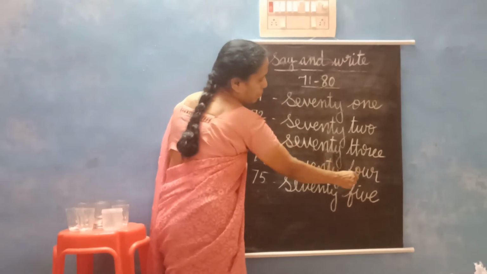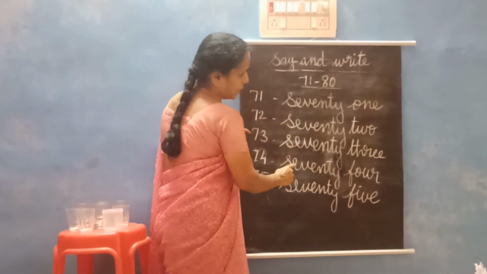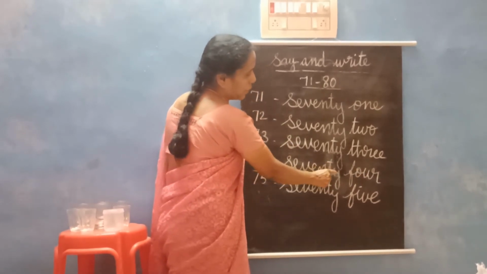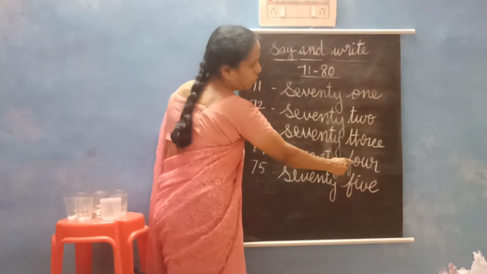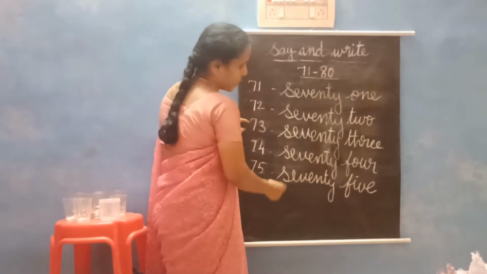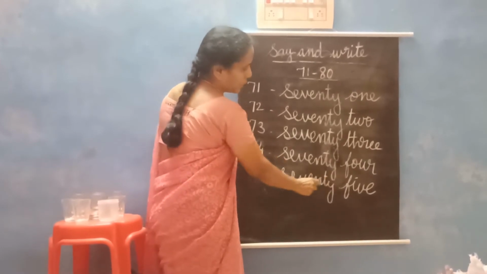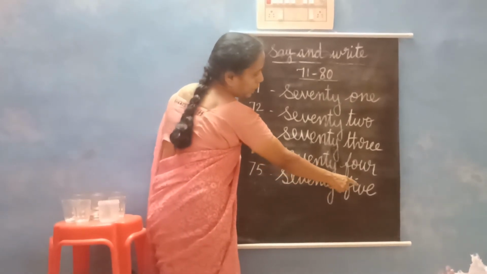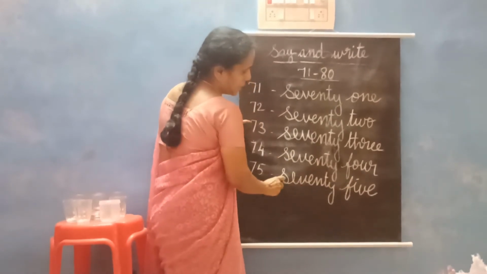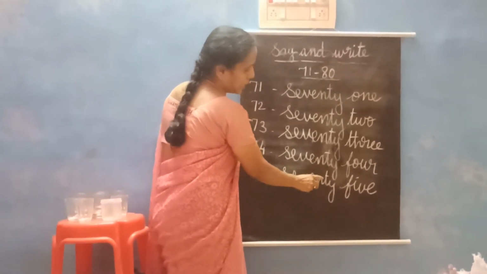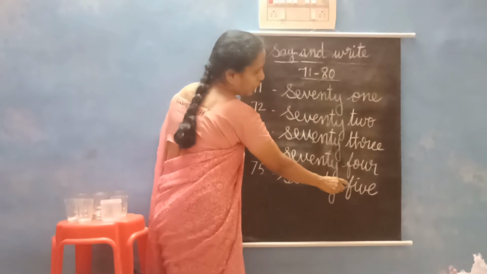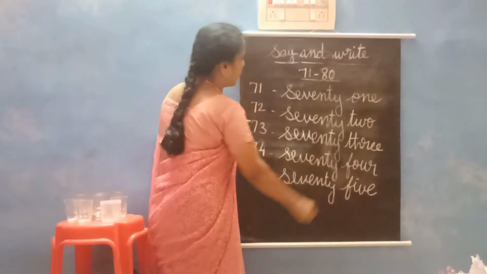FOUR, 4. 74. SEVENTY 74. FOUR 74. 75. SEVENTY 75. FIVE, 5. 75. SEVENTY 75. FIVE, 5. 75.